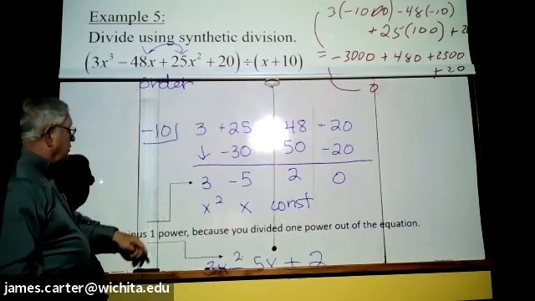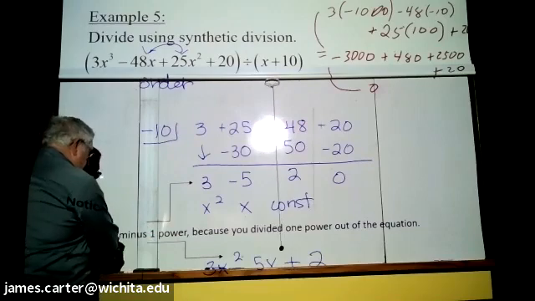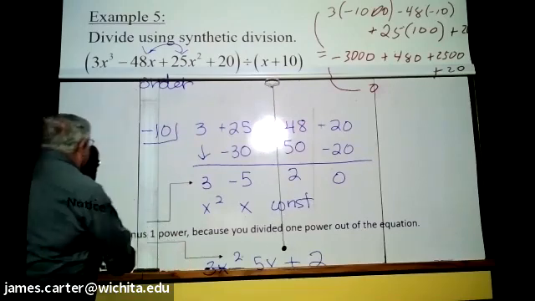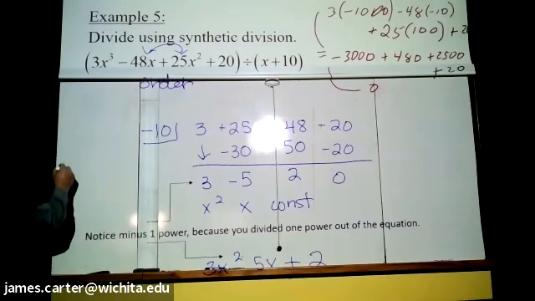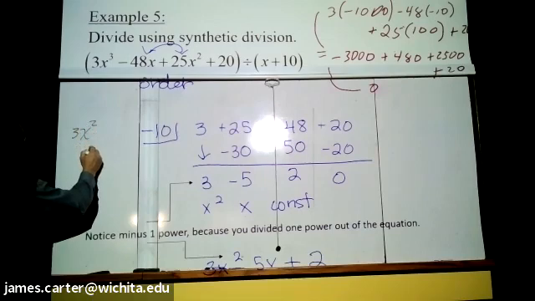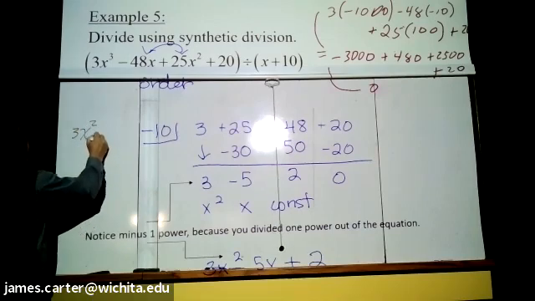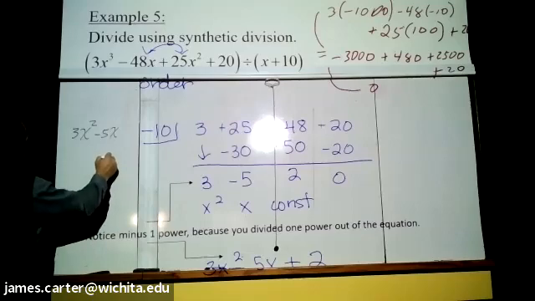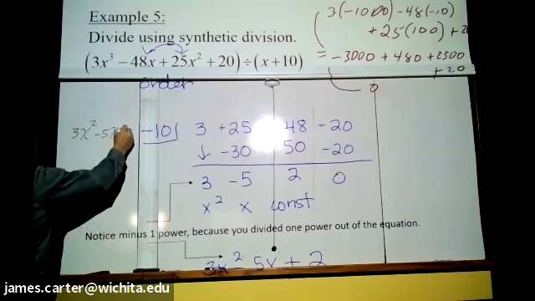So our answer is going to be, and you can't see it down here, so I'll write it up here. Our answer is going to be 3x squared minus 5x plus 2.